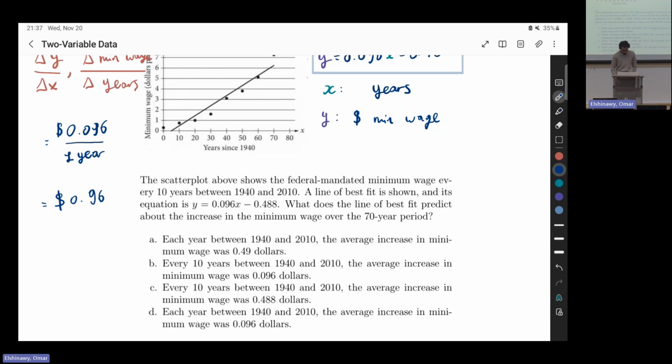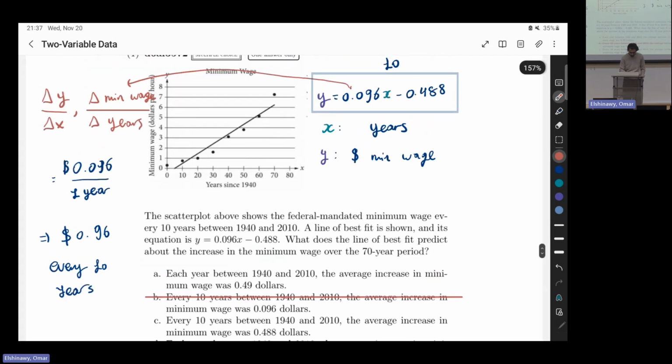And then this first fact should help us find the answer, and this other fact should help us eliminate some solutions. So let's take a look at the ones with every 10 years. It says that every 10 years, the change is 0.096, which is unfounded. Change in 10 years is almost $1. I mean, you can also notice this.